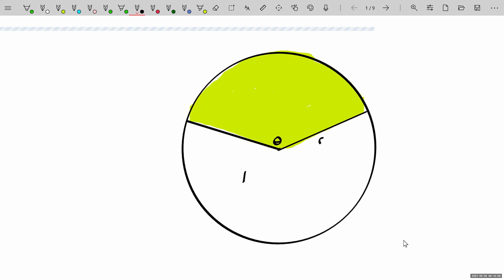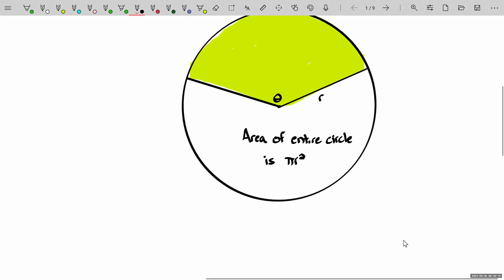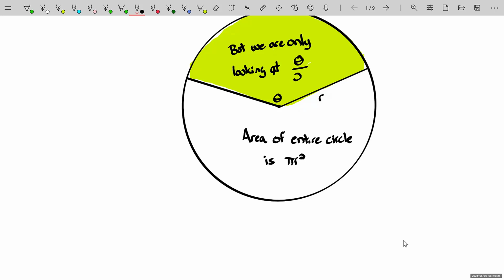We know the area of the entire circle is pi r squared, but we are only considering theta out of 2 pi of that.